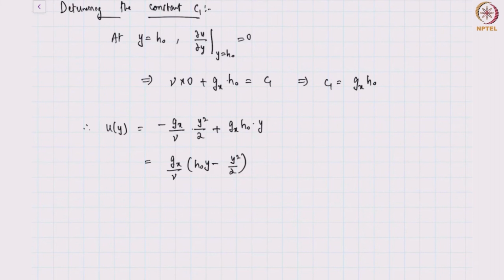Now let's look at what is the expression for gx. If I take a small part of the wedge, I have gravity downwards, g. What I now have is the two components of the gravity.